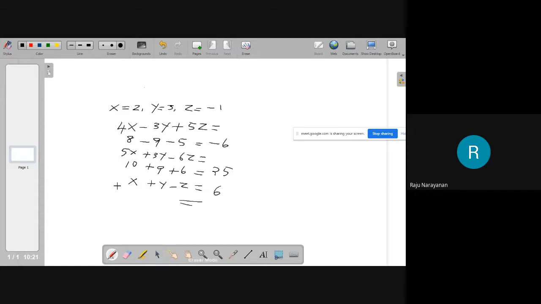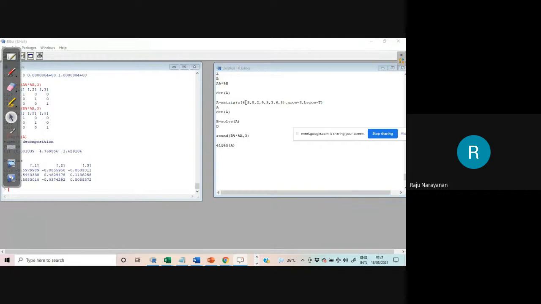Therefore, some of you please help me. What is the matrix? 4, minus 3, 5; 5, 3, minus 6; 1, 1, minus 1. And what is B? B is minus 6, 25, 6. Please remember these things and tell me. What is the matrix? 4, minus 3, 5.